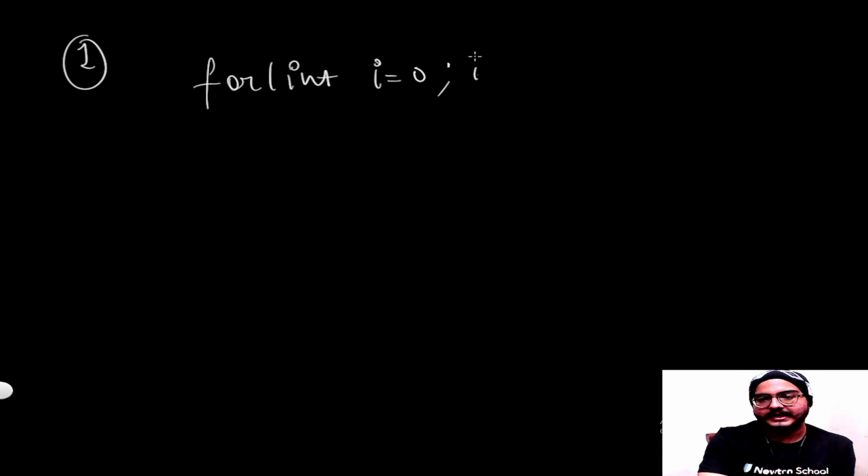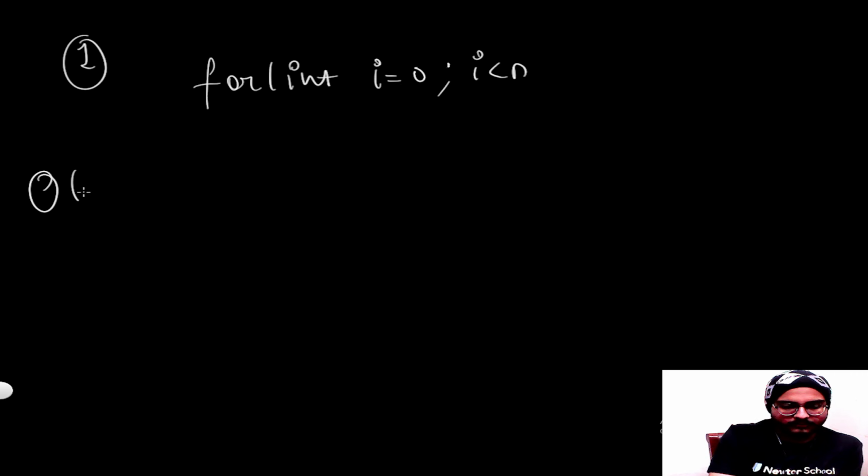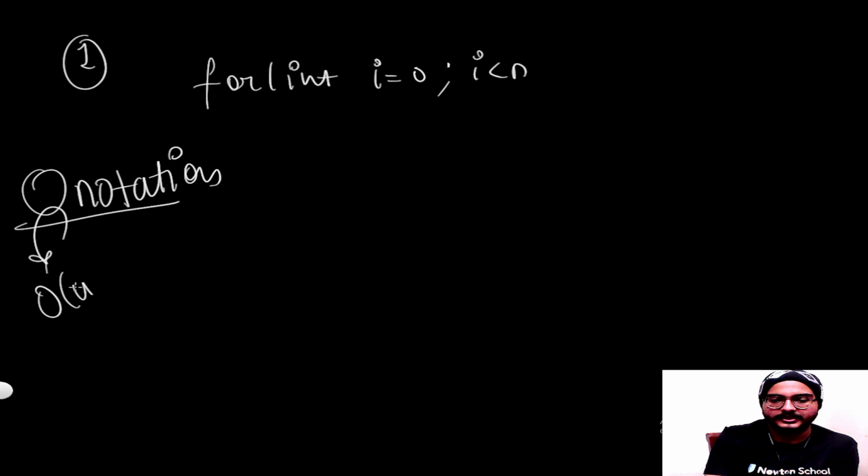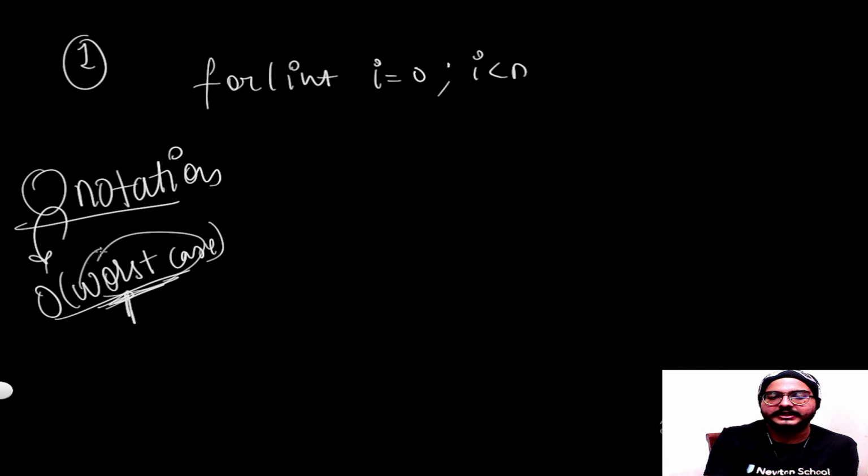Okay, let me take an example. For int i = 0, i less than... okay, before proceeding any further, we will always talk about big O of n from now on. We will always talk about the big O notation, and in the big O notation in particular we will do worst case analysis, because this is mostly used, and this will give you an accurate answer for your function.